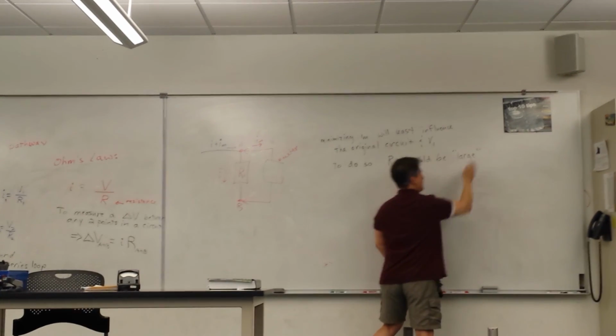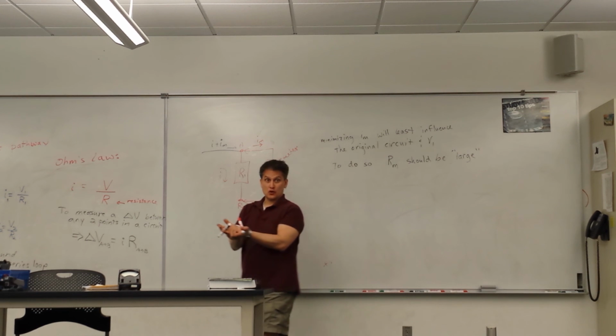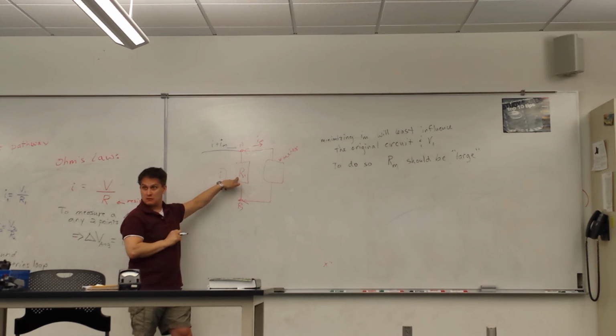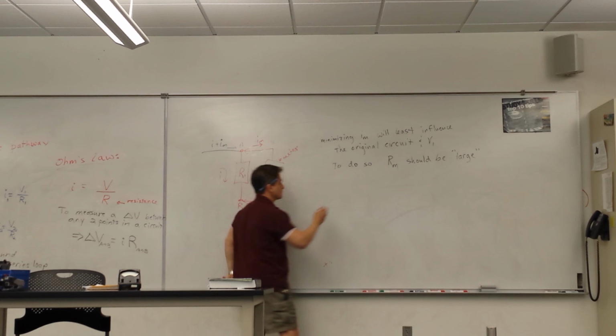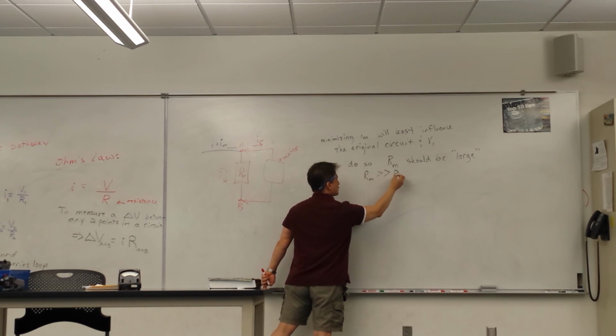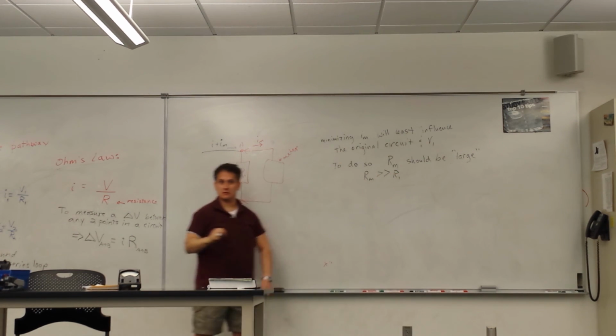And by large, I mean large relative to the rest of the circuit, large relative to this. Okay, that's the key. So Rm, in general, should always be very large relative to what it is you're going to measure.